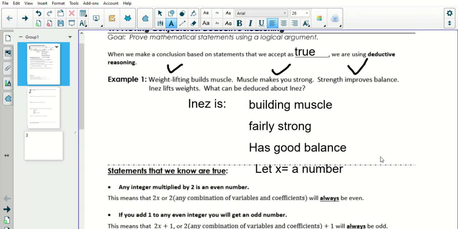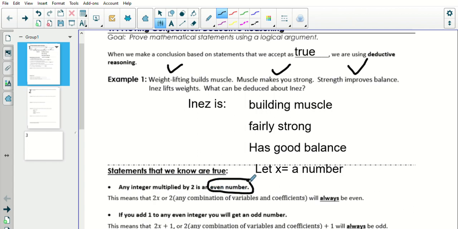right away there's a 50-50 shot that it's going to be odd, which means it's not even. So we have to create a clever way to ensure we're going to have an even number, pardon me. And we do that by simply saying that any even number is going to be divisible by 2.